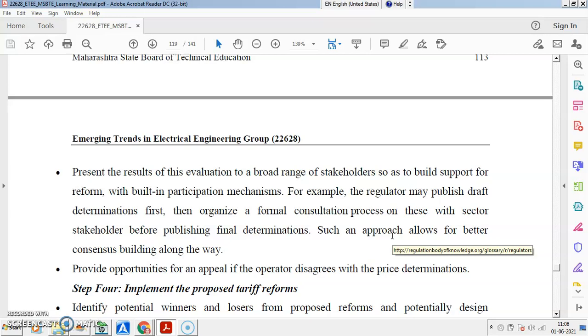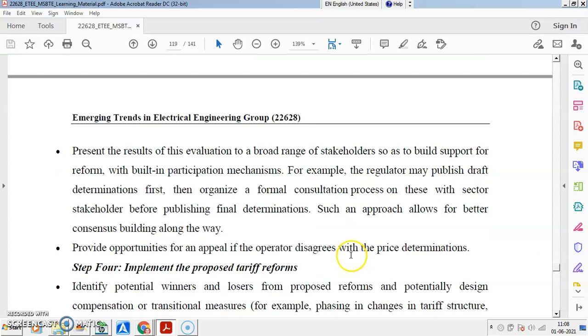For example, the regulator may publish the draft determination first, and then organize a formal consultation in terms of a hearing or public meeting. Such approaches will allow better consultation along the way.